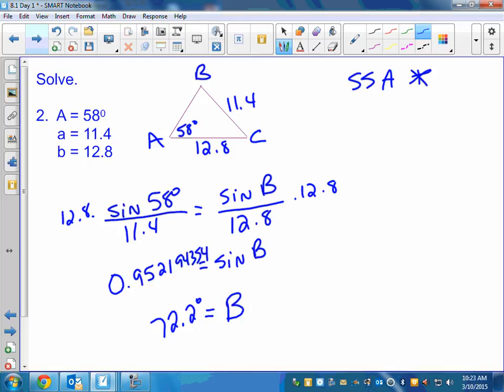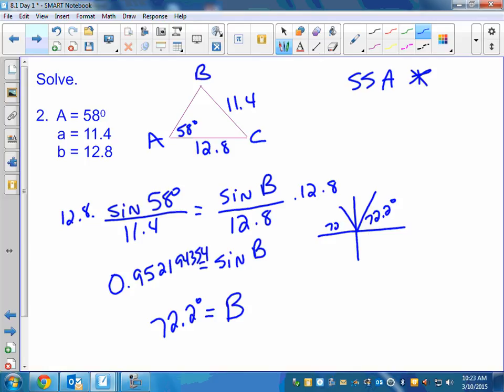So here's how you check for the second triangle. Do you agree that when we do inverse sine, there's always two answers, right? So this is where you have to use your reference triangles. If there's an angle up here that's 72.2 degrees for sine, what other quadrant is sine positive in?